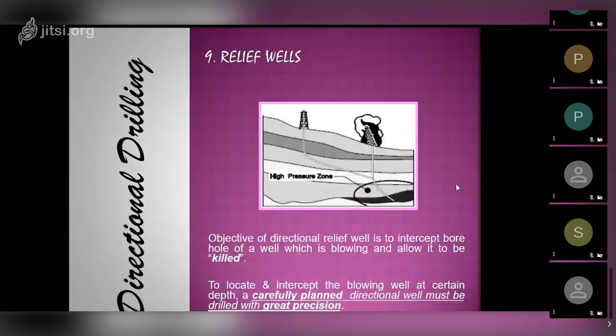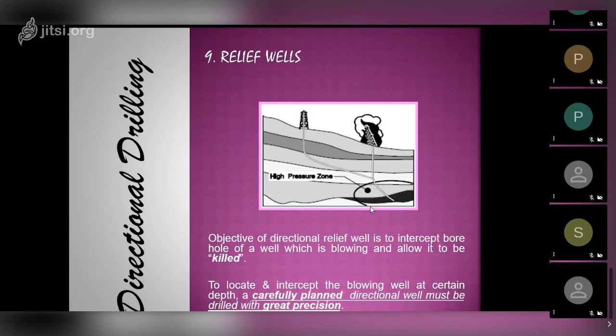Now coming to the last application of directional drilling, that is drilling a relief well. You all might have heard about blowouts. You might have heard about a kick and a blowout.